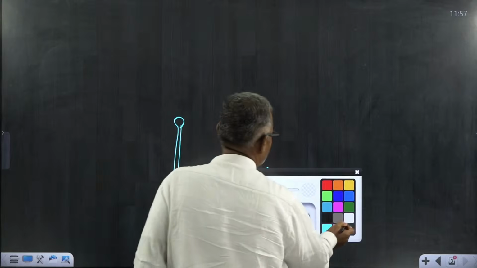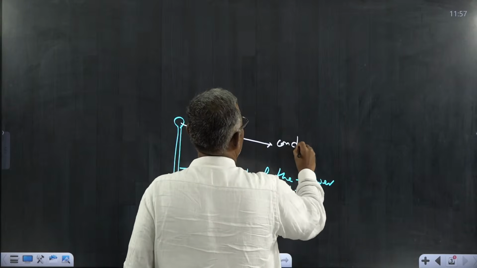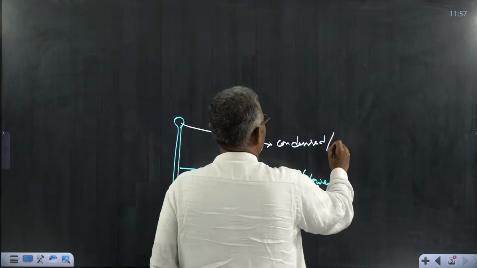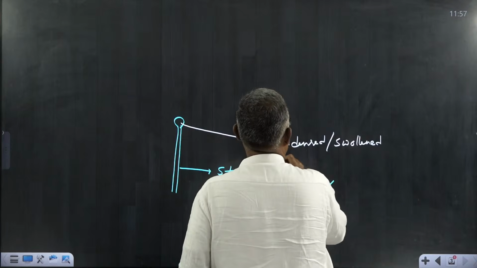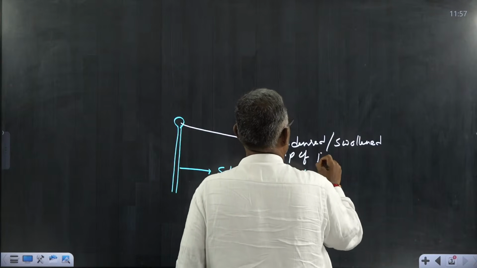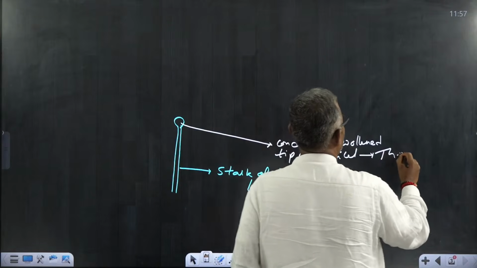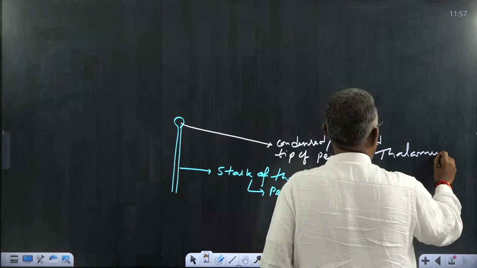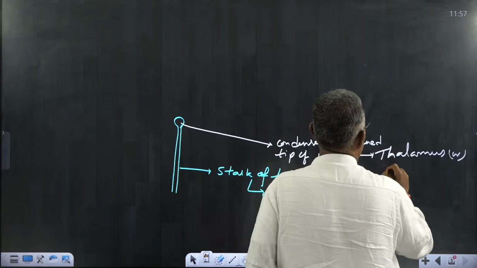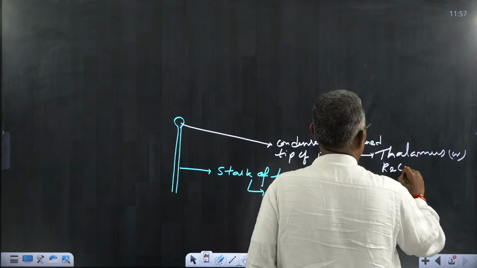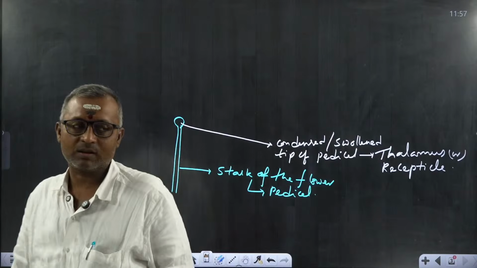This condensed or swollen tip of pedicel is thalamus or receptacle. Both are the same. Thalamus or receptacle.